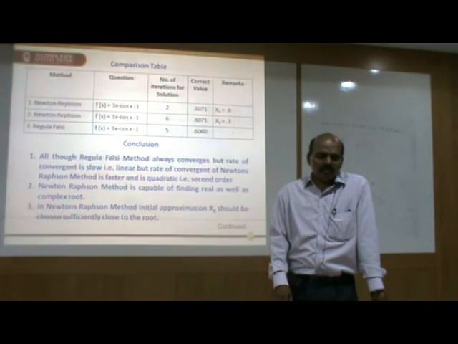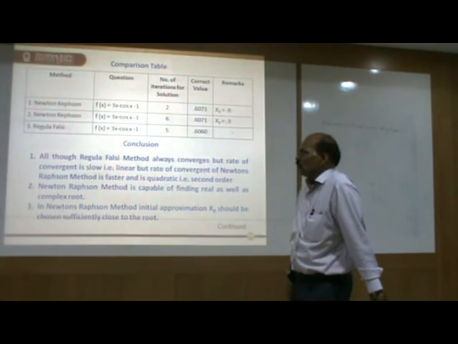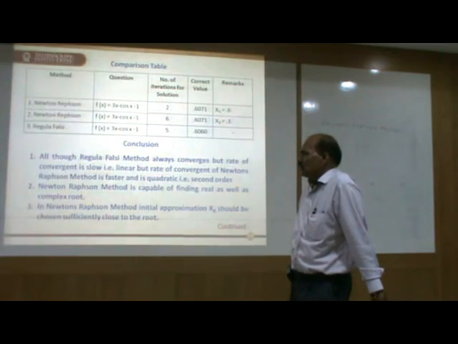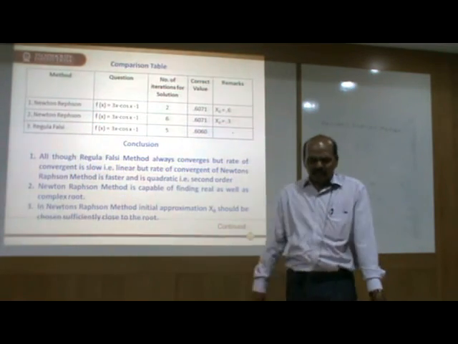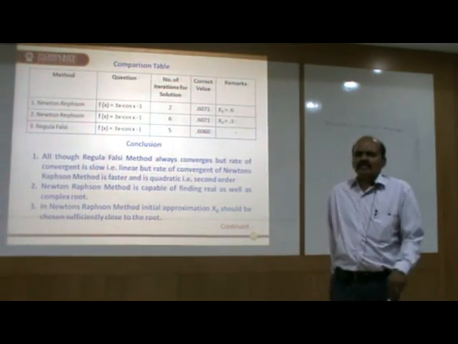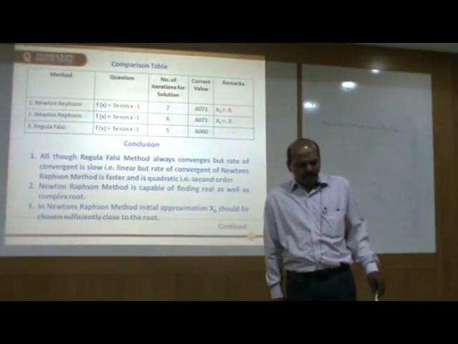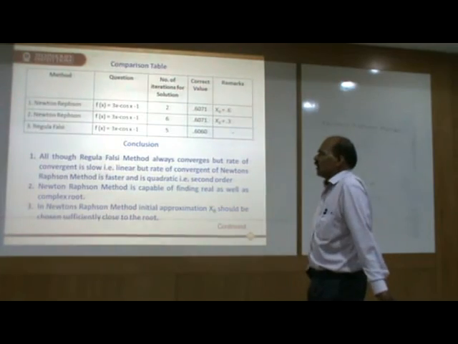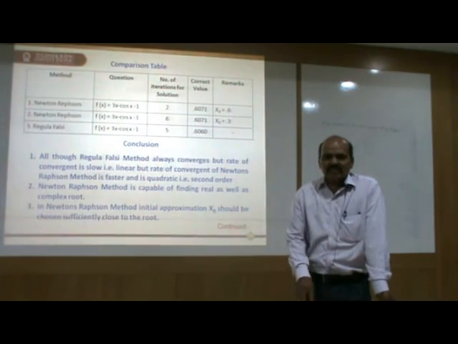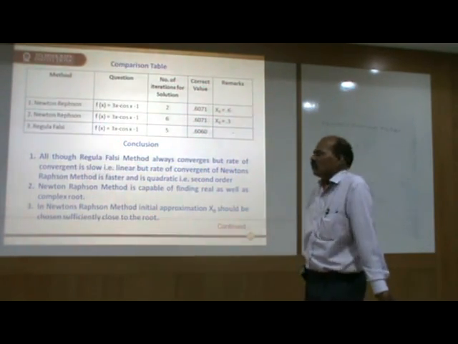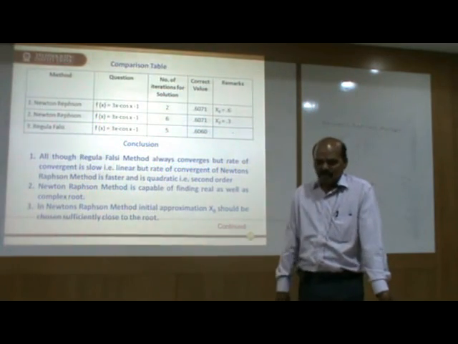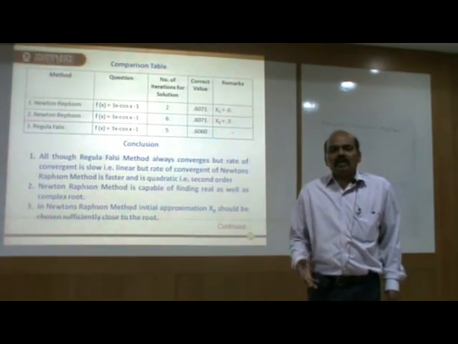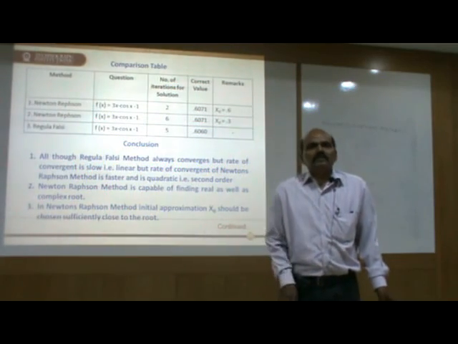These methods are very slow in comparison to Newton's Raphson method. There is another important method, the secant method. The rate of convergence of the secant method is 1.62, and this rate of convergence is quite faster than the regula falsi method. But the secant method has a drawback that it may converge and it may not converge always.